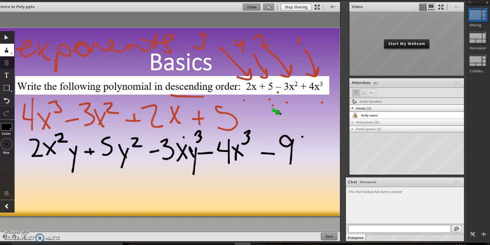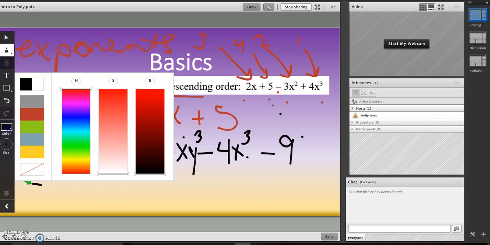I want you to write it in descending order. Right now, I just want you to manipulate this thing that kind of means nothing to you. So you're going to do it in ABC order, and in descending order. The letter that comes first in the alphabet is the x, so only look at the x's. We're going to do that negative 4x cubed first.